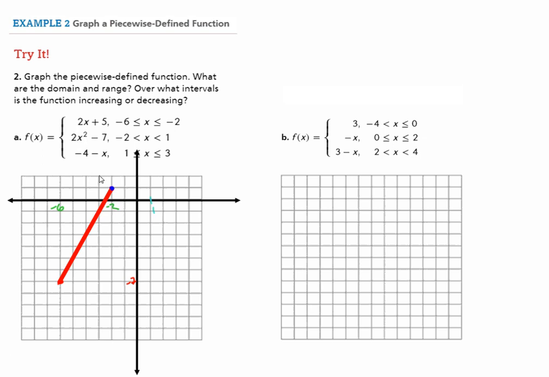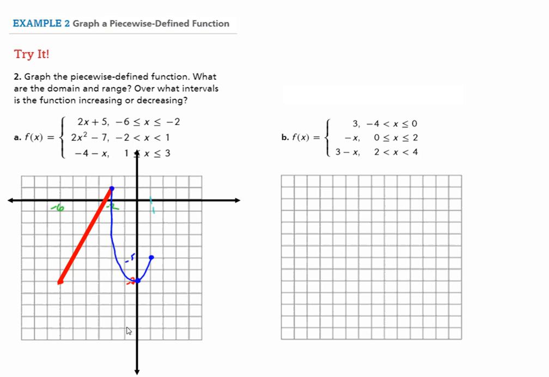That's going to get me -7, because 0 cancels this out, giving me my y-intercept. If I plug in 1, 1 squared is 1, times 2 is 2, minus 7 is -5. So right here at -5. This is a parabola, and I knew that simply because it's a squared term.